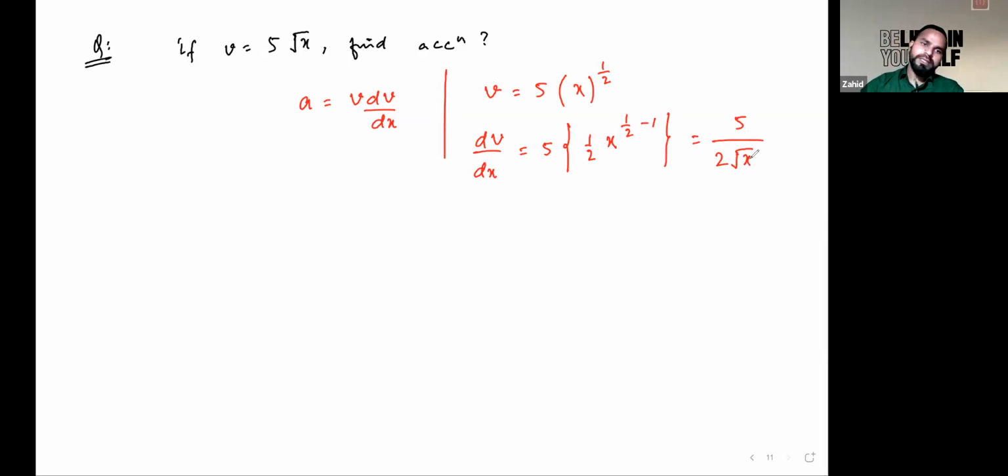Now put these two values in this expression, you will get the value of acceleration. Try to find.